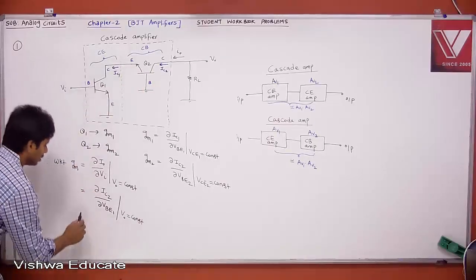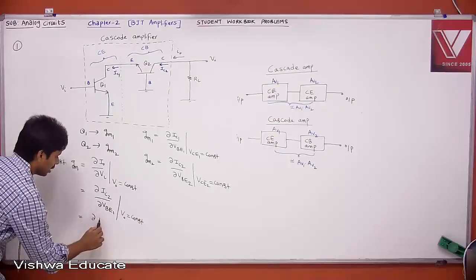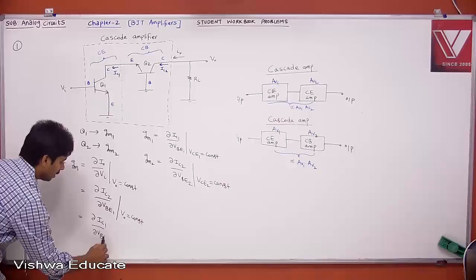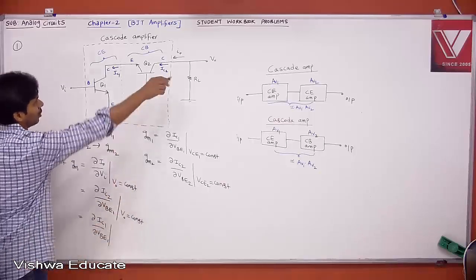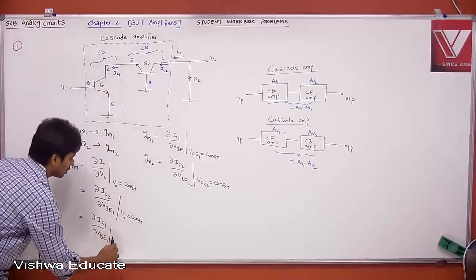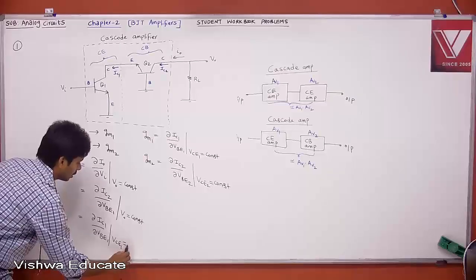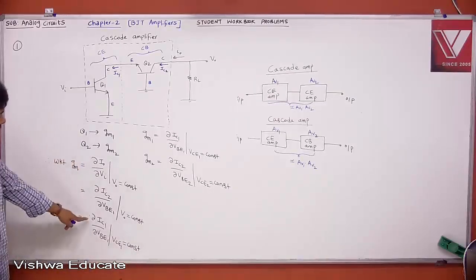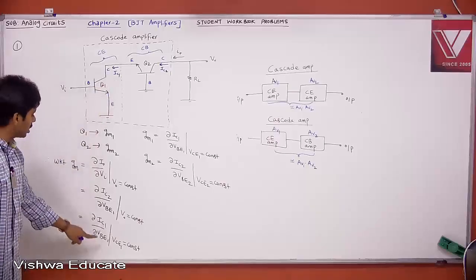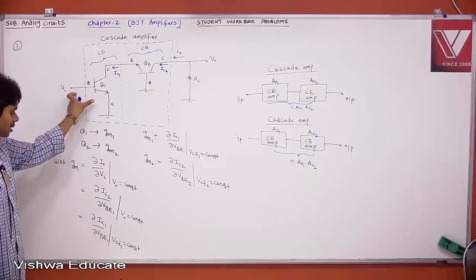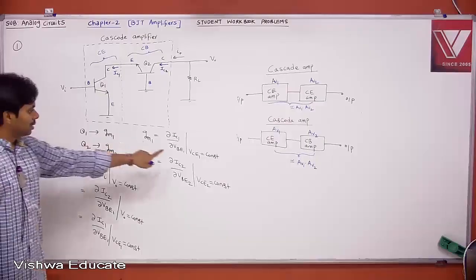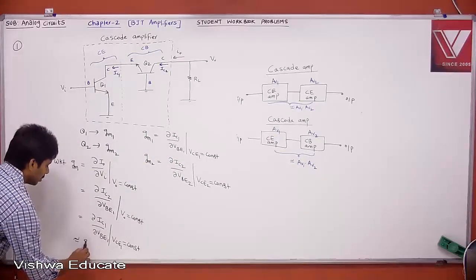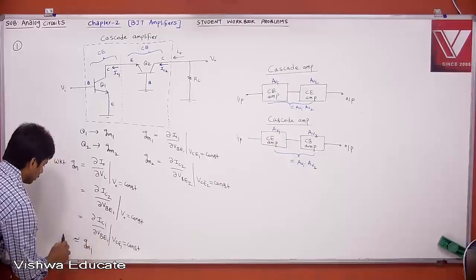If IC2 is approximately equal to IC1, then dou IC1 divided by dou VBE1, if I say output voltage constant, let us say your VCE1 is also constant. Then tell me what is this? Change in collector current of transistor 1 to change in base to emitter voltage of transistor 1 when VCE1 is constant, that is nothing but your GM1. Therefore, this is approximately GM1.